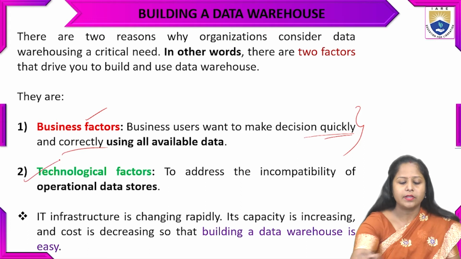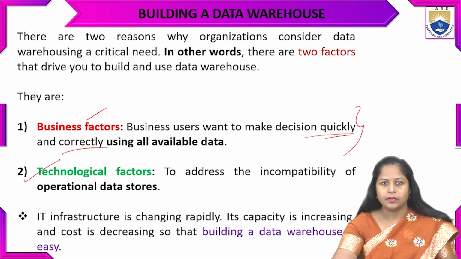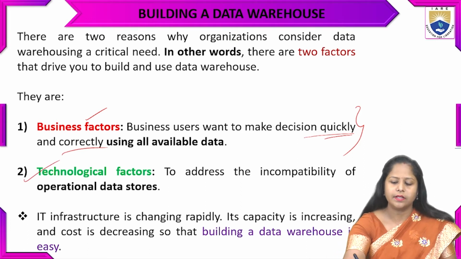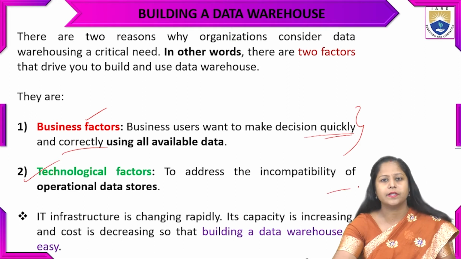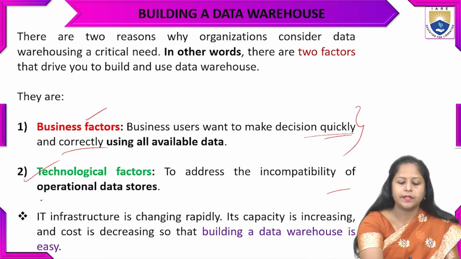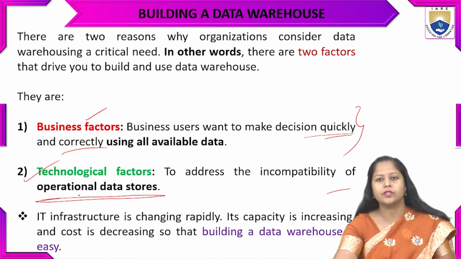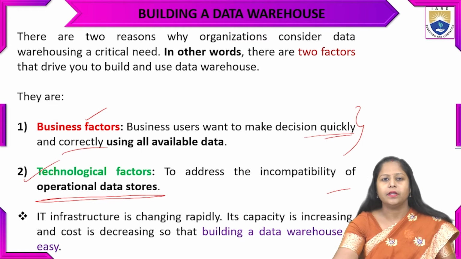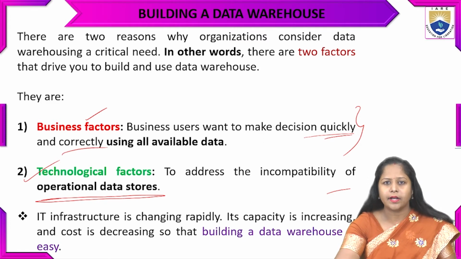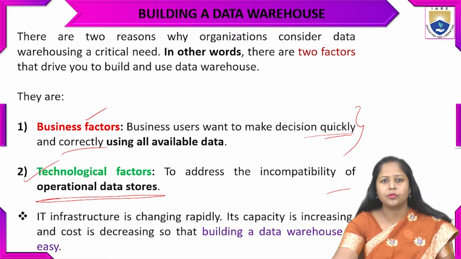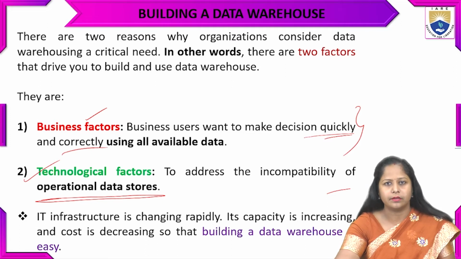What about the technological factor? In that, we need to address the incompatibility of operational data stores. What does it mean? It means that all of the operational data stores that are storing data will be incompatible. Rather than that, we have to implement that, right?